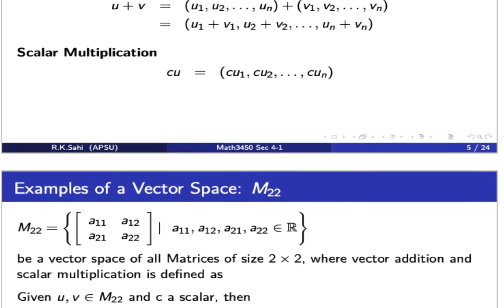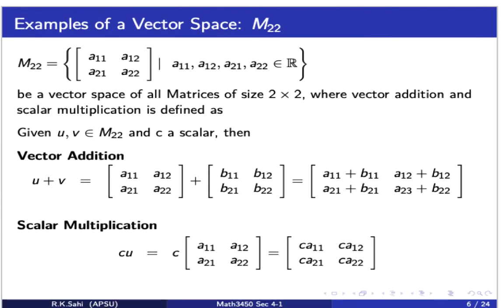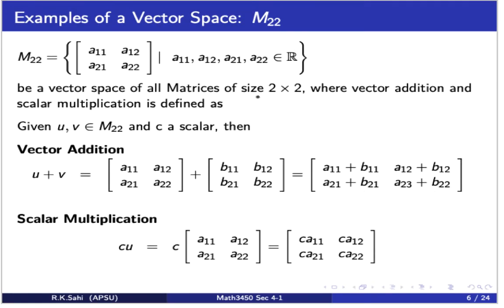Now M22 is a vector space of all matrices of size 2 by 2. When we talk about vector addition and scalar multiplication, this is the normal vector addition and scalar multiplication of matrices we have learned. So when we say M22, that means it is all matrices of size 2 by 2.